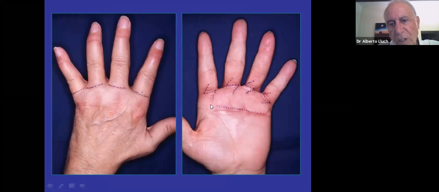The proximal phalanx ends up here, with a skin Z-plasty lengthening at the base of the finger, because that's where you can get more length of the skin from the sides to gain in longitudinal. And this is the result.